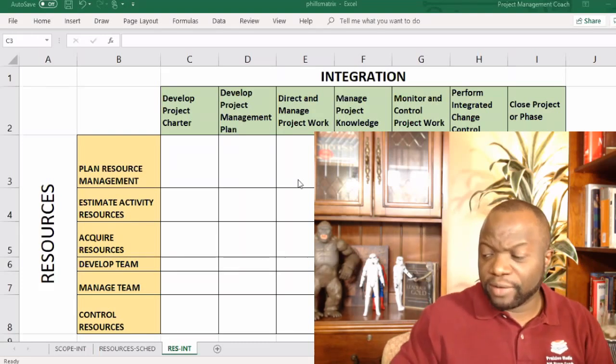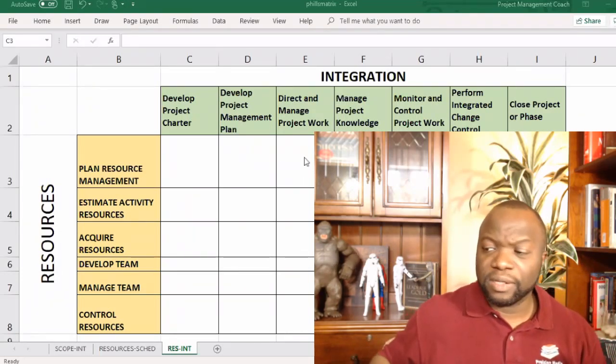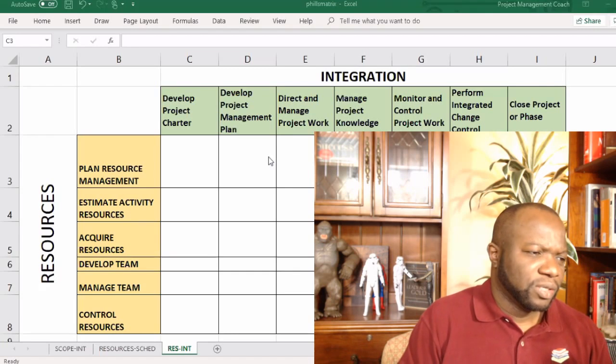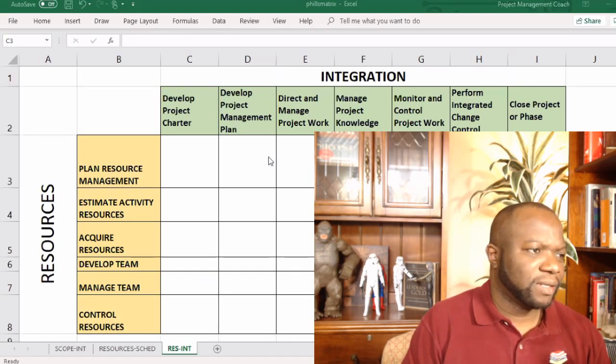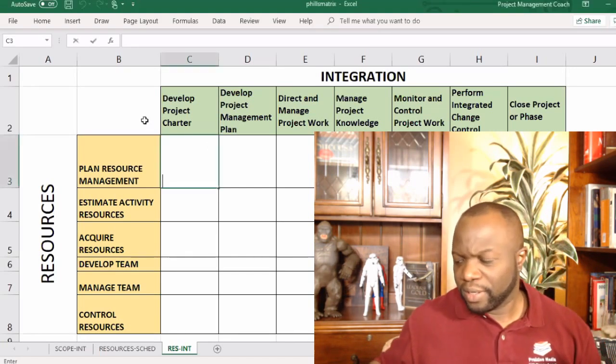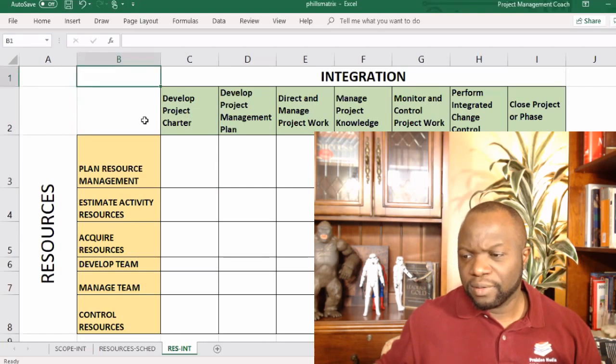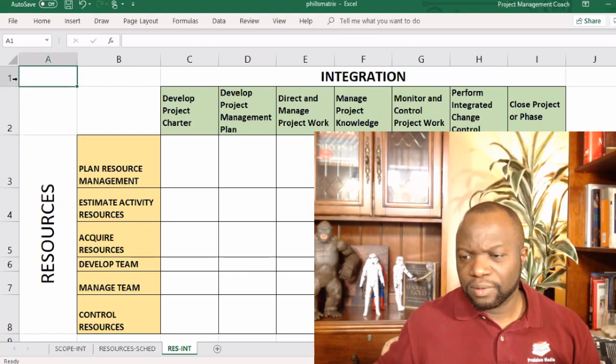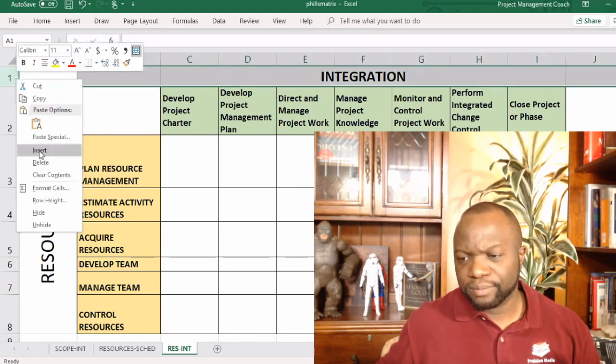Hey, for those of you that have started on the matrices, let me show you something else you could do, something else that you could find rather interesting here. So in addition to this 2x2 matrix, for those of you who want something more advanced, what I would recommend is going for a second mapping at the top.